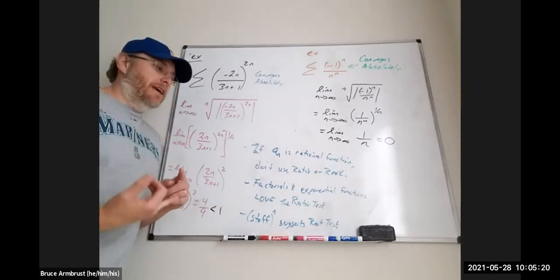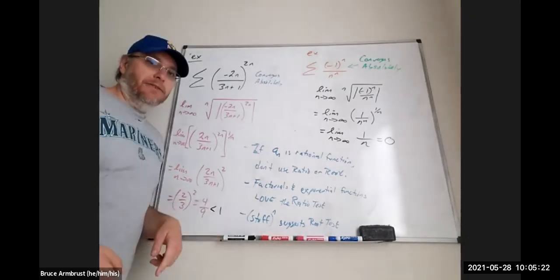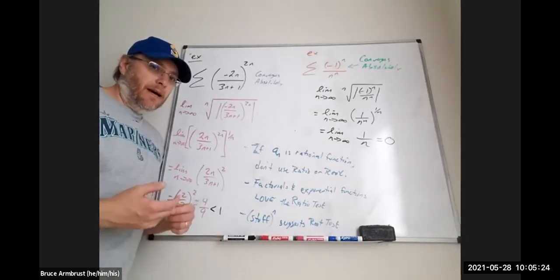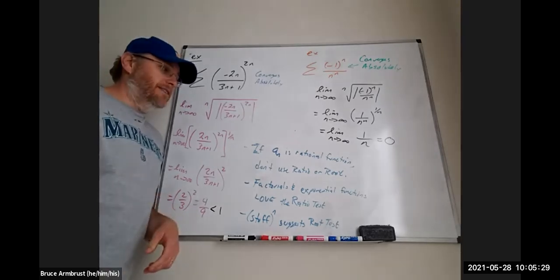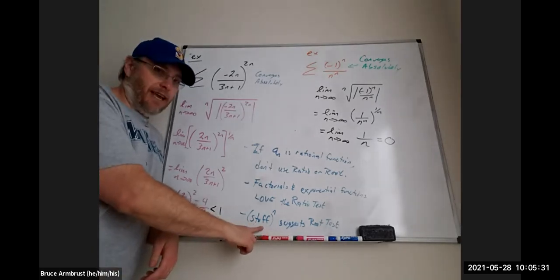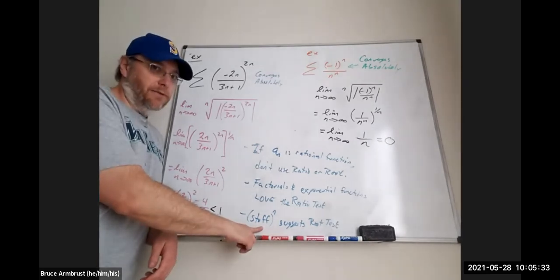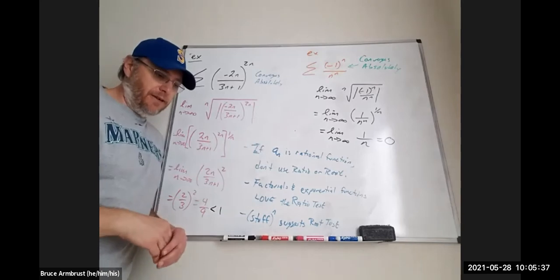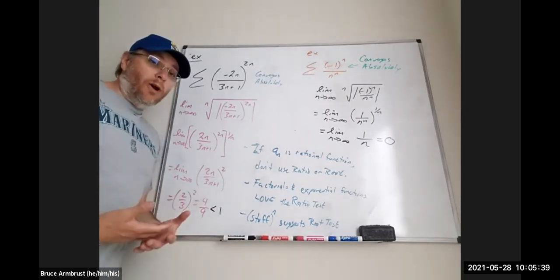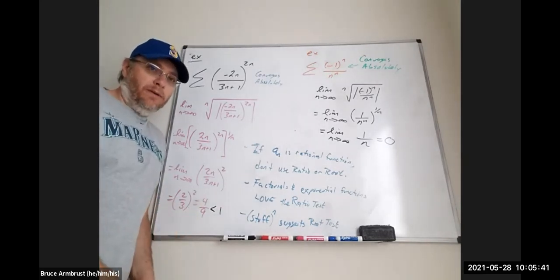Okay, after I do that, I tend to go to the ratio test. I go to the ratio test unless I see stuff to the n, then I'll go root test. Or if I see that it's already a rational function, or if it's a form I already know.